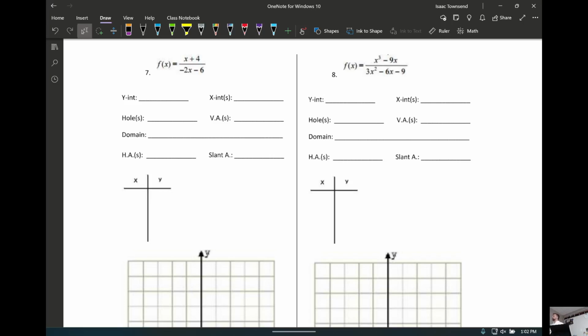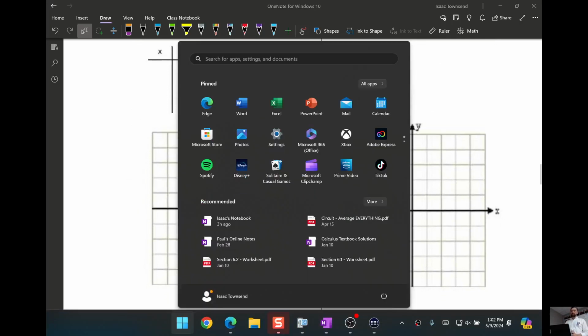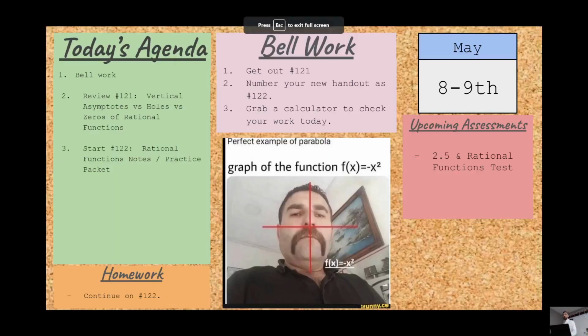I do have one calculator up here, but if you're going to do that, then maybe graph it and then come up here and use it so other people can use it. You can also use Desmos online. But I'd like you to do those 3. If you can't do those 3 with how much class time we have left, then please finish that up for homework. And I will see you guys again tomorrow because it is a B week.